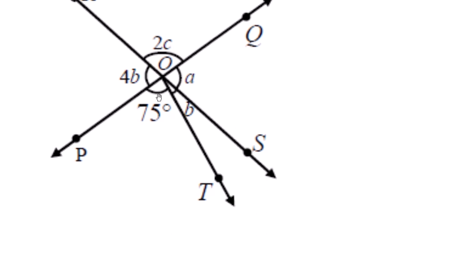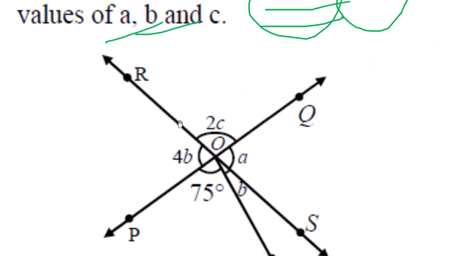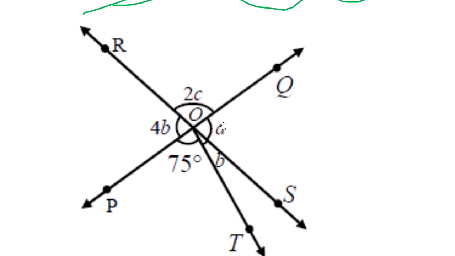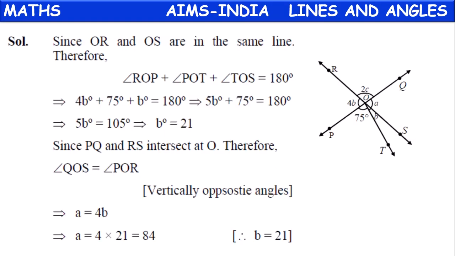POT is 75 degrees, so what about A, B, C? If this angle is B, this angle is A, this is 2C, this is 4B. What are the values of A, B, C that we have to find?